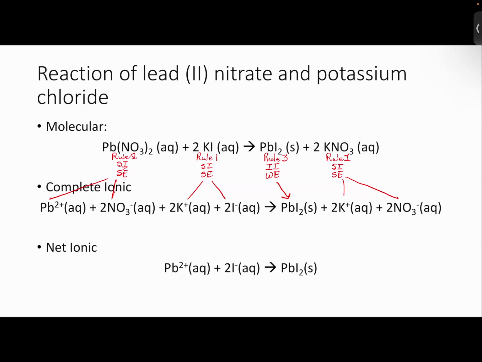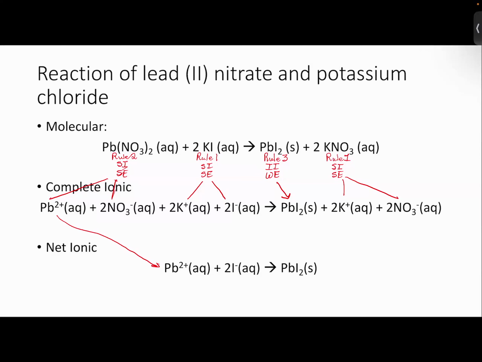A spectator is going to be an ion that appears the exact same on the reactant side as it does on the product side. On the reactant side, we have lead 2+ aqueous. Do we have lead 2+ aqueous on the product side? No. So that's why the lead 2+ was brought down. On the reactant side, we have 2 nitrate aqueous.